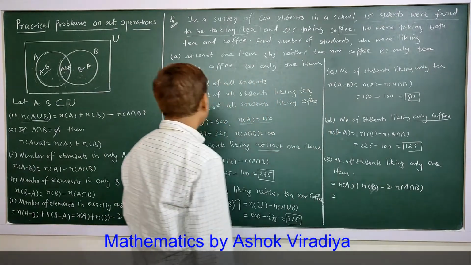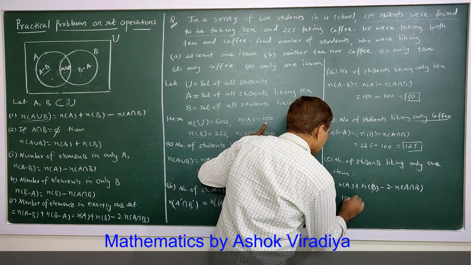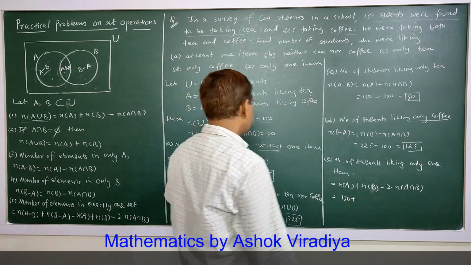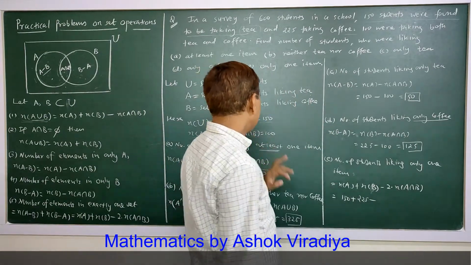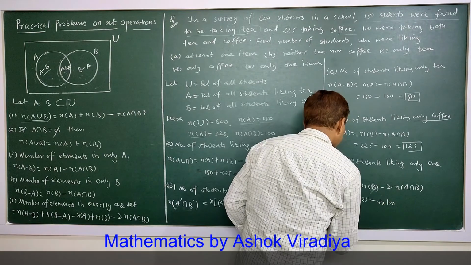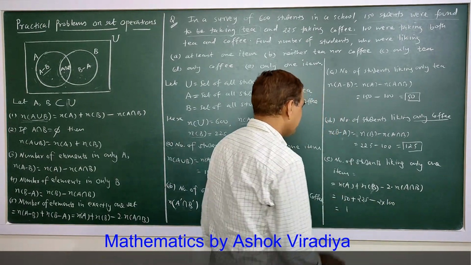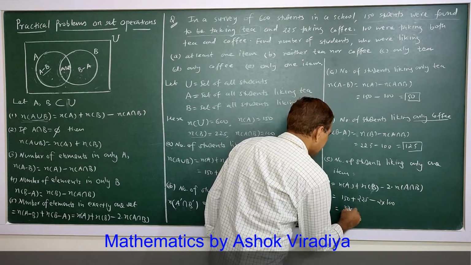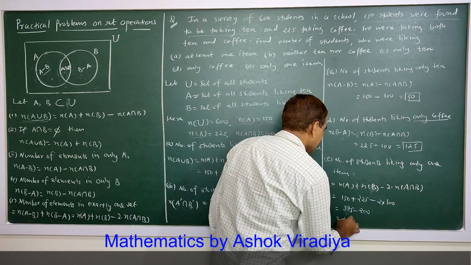The number of elements in A is 150, plus elements in B is 225, minus 2 times A intersection B, that is 2 into 100. So this is 200; 150 plus 225 is 375, minus 200, so it is 175.